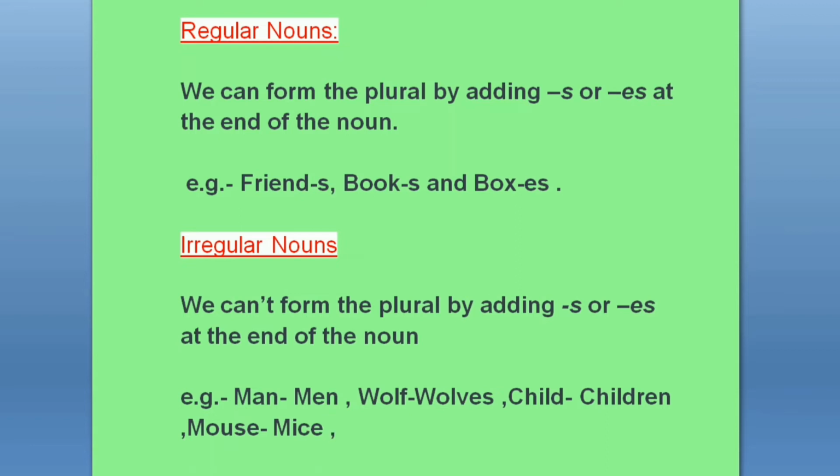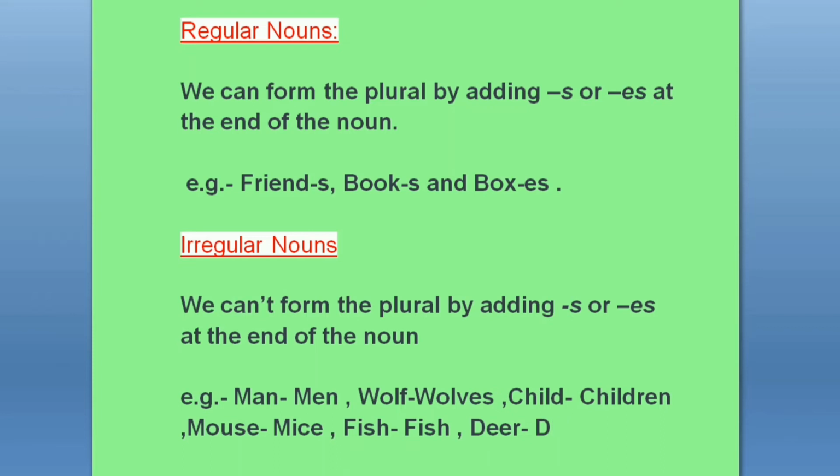Another example which I think is very important to discuss is the word fish. Most of the people add s or es and say fishes, which is totally wrong. Fish remains fish in singular as well as plural because it is an irregular noun and it does not change. Similarly, we have another example of the word deer. So deer remains deer in plural.